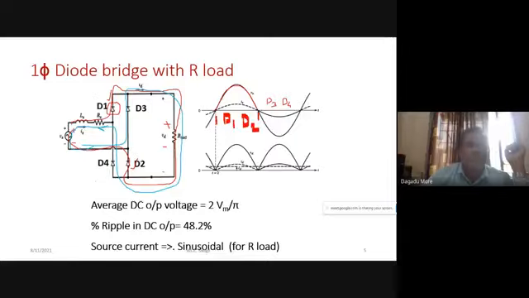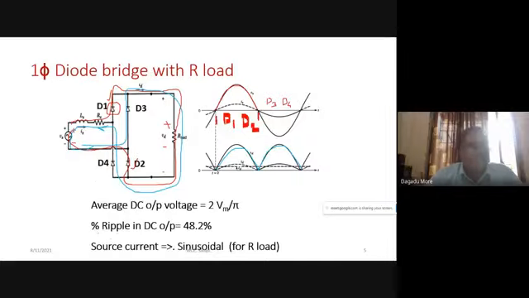Before going to that, our output voltage waveform, everybody knows: in the positive half cycle D1, D2 conduct, in the negative half cycle D3, D4 conduct, and this will be our output voltage. And now our load is resistive, so our ID will be the same as VD.